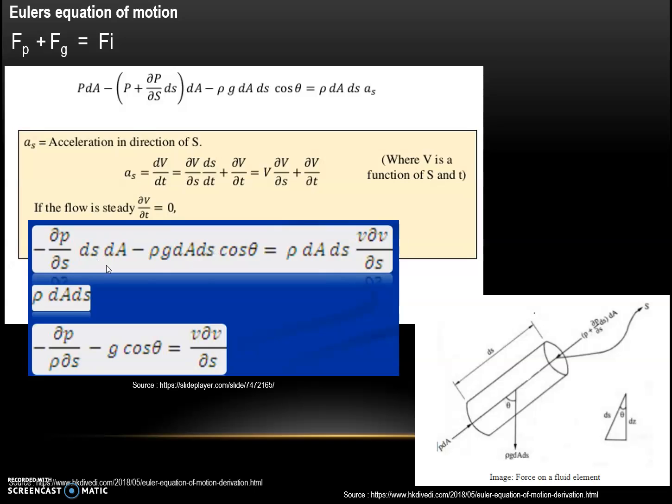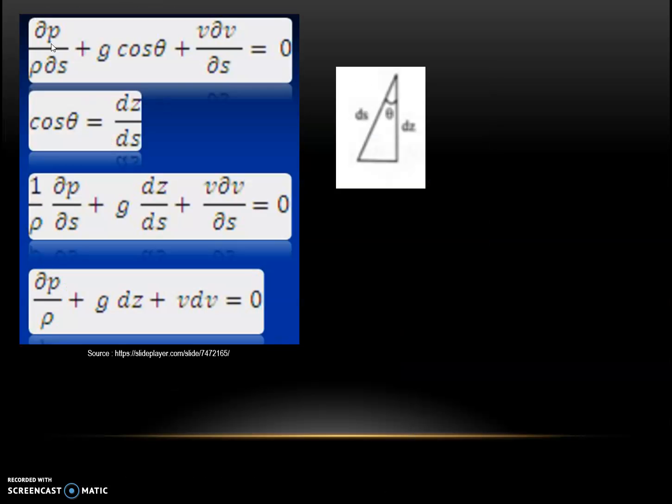Now divide this equation by rho dA ds. Now we get minus dou p by rho ds minus g cos theta equal to v dou v by dou s. So the same equation is dou p by rho ds plus g cos theta plus v into dou v by dou s equal to 0. Now from this figure we can see that cos theta is equal to dz by ds.